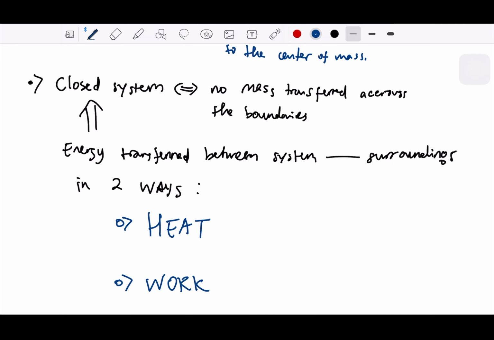So heat means energy that flows as a result of temperature difference.